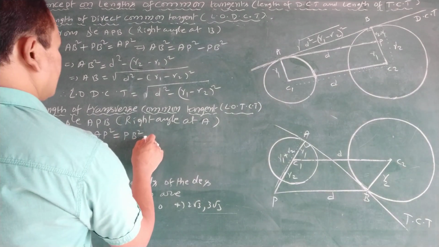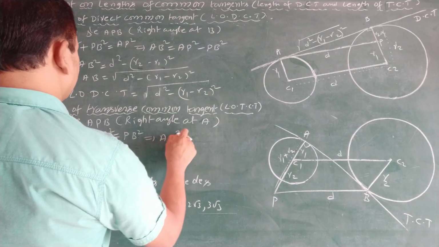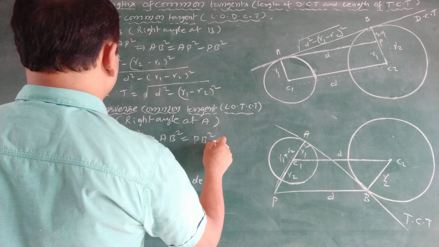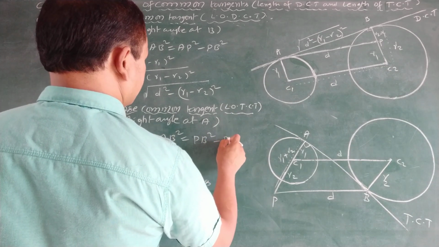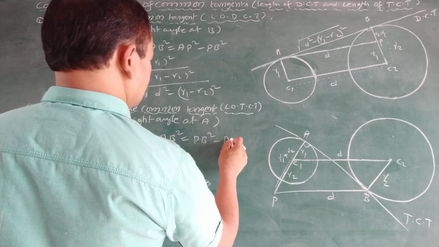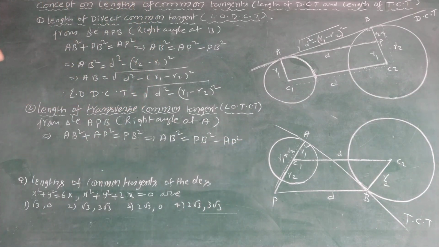Now from this one, AB square is equal to PB square minus AP square, right?